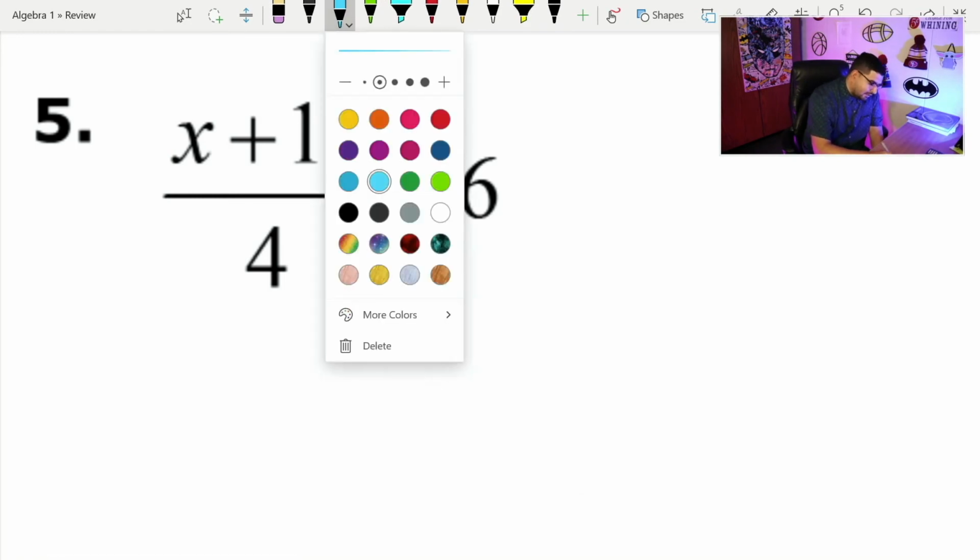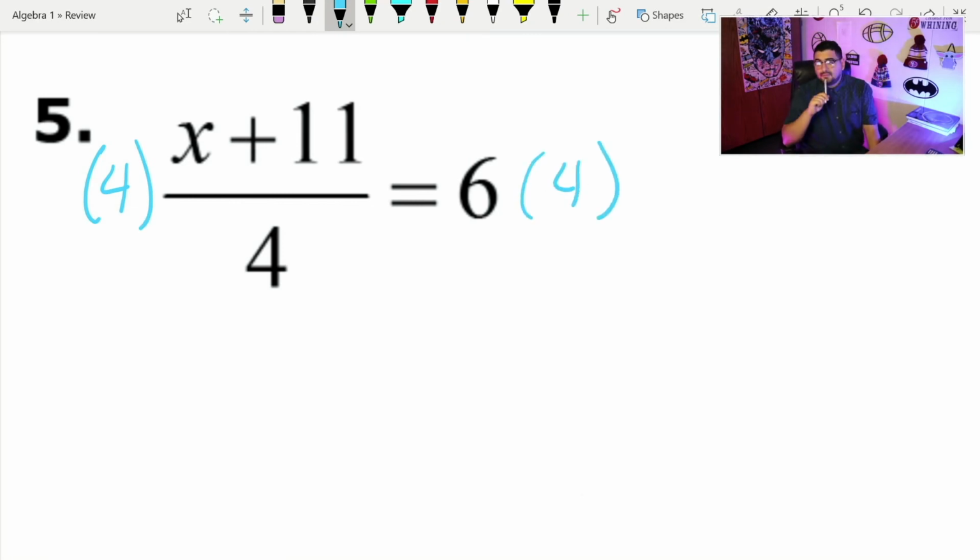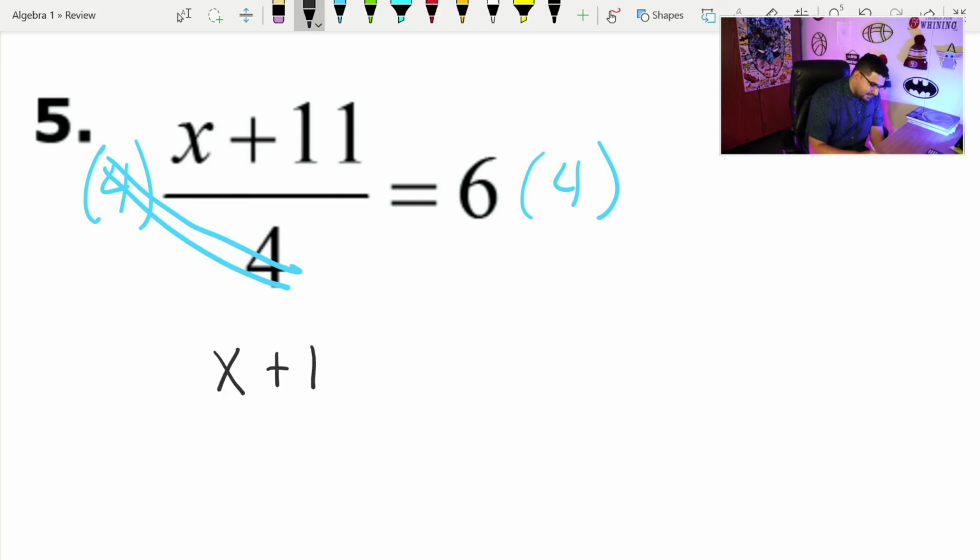So I'm going to multiply by 4 on the left, multiply by 4 on the right. This will cancel out the 4 on the left, leaving me with x plus 11 equal to 6 times 4, which is 24.